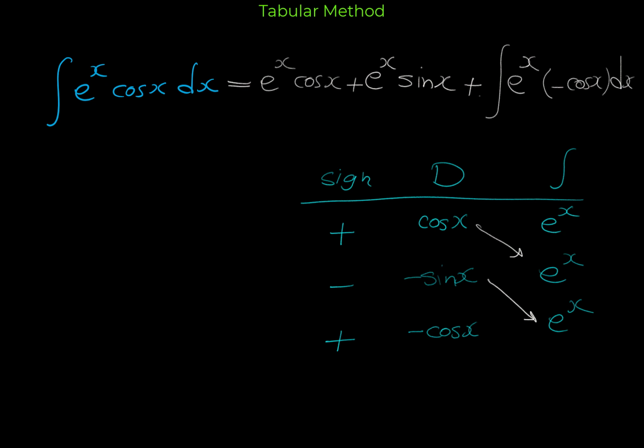I prefer to put this negative outside of the integral. So we have actually this. We can rewrite it this way. Let's review the process of the tabular method.